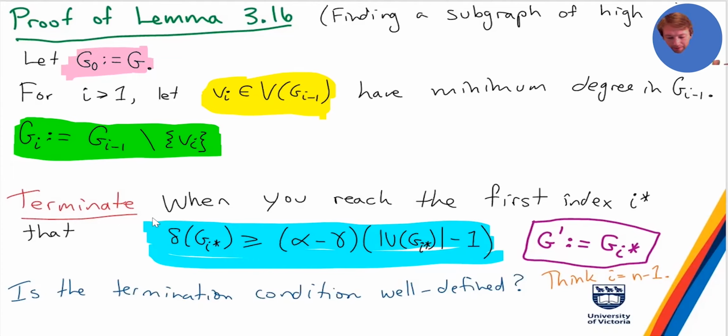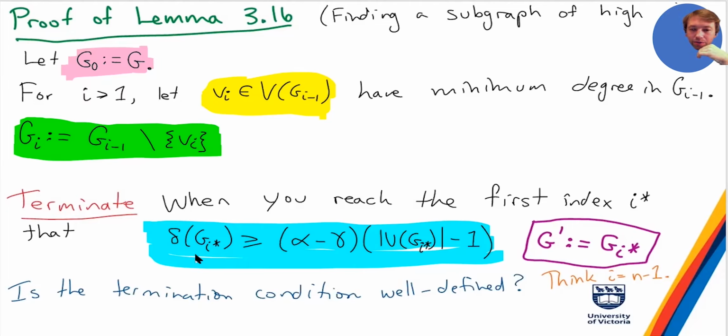You have to be careful when you say I'm going to terminate the first time something happens. That only makes sense if you can guarantee that the condition eventually holds.